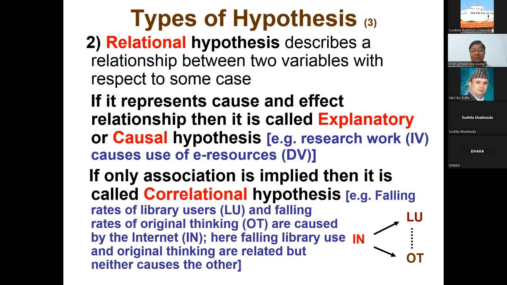As for example, we have seen that research work causes use of e-resources. When research scholars are mainly dependent on e-subscriptions of journals, e-books or PDFs of books, then there is no need of purchasing new books or journals.